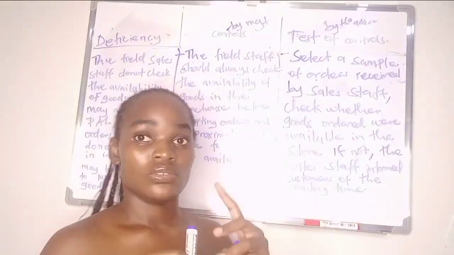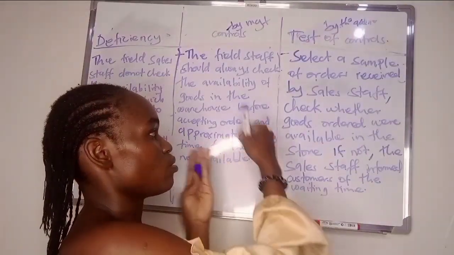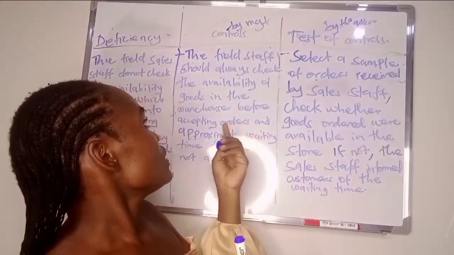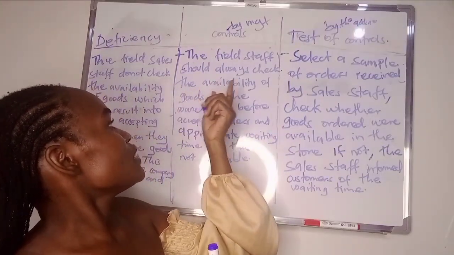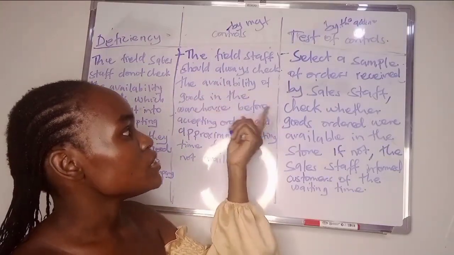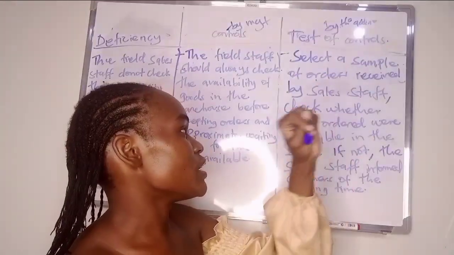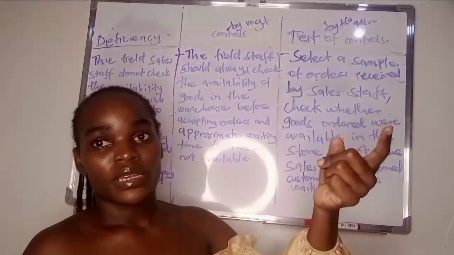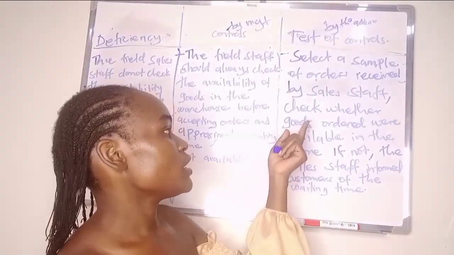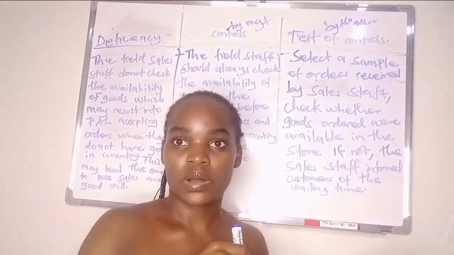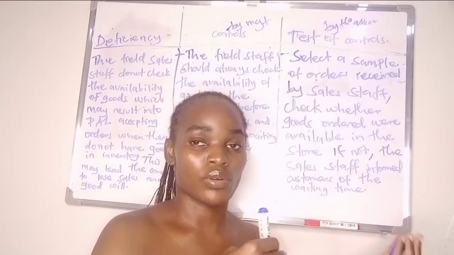So as I told you, you just twist the control and come up with a test of control. Here the field staff should always check the availability. So here the auditor will select a sample of orders that were made by sales staff to check whether the goods ordered were available in the store by the time they were ordered.